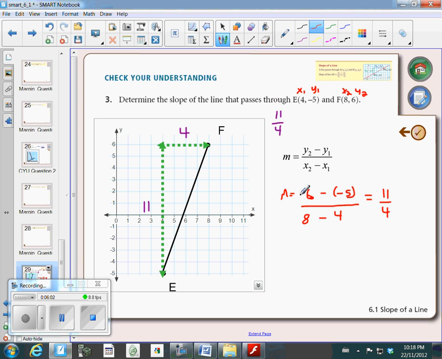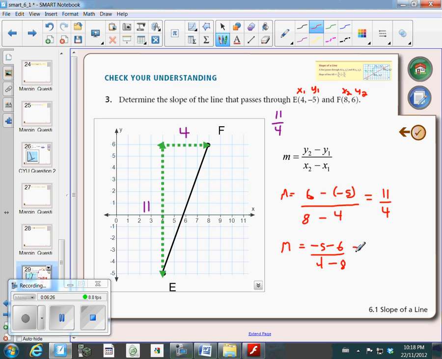Same answer. Well, notice, if we would have gone the other direction and started with the negative 5 for y1 and subtracted y2, which was 6, divided by, if we started with negative 5, we would have gone with an x value next to it, 4, subtract 8.